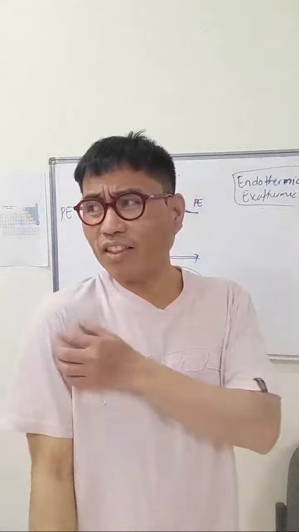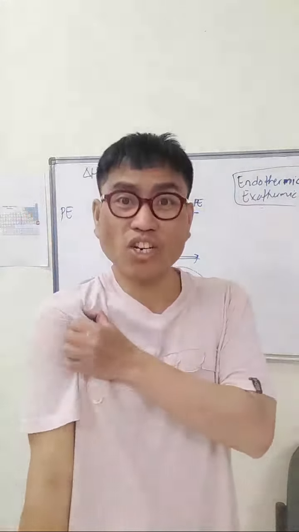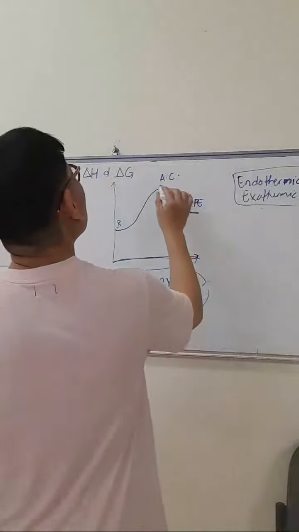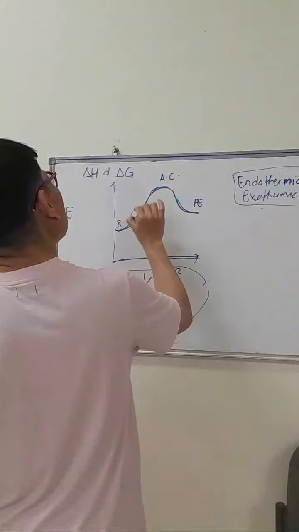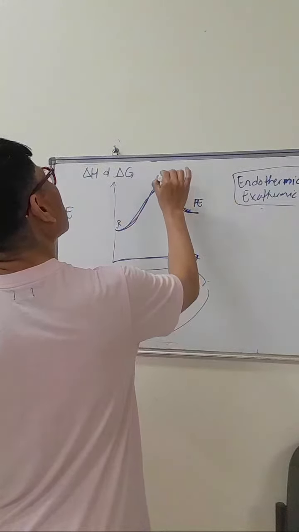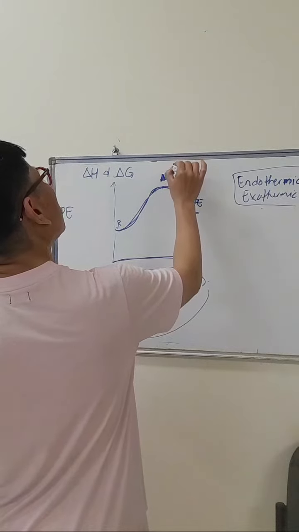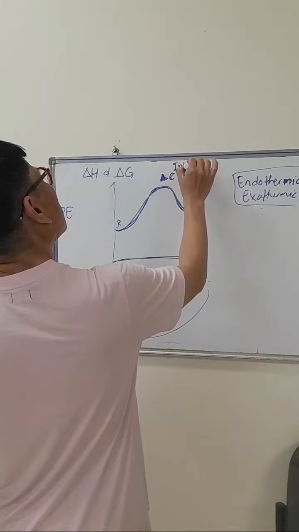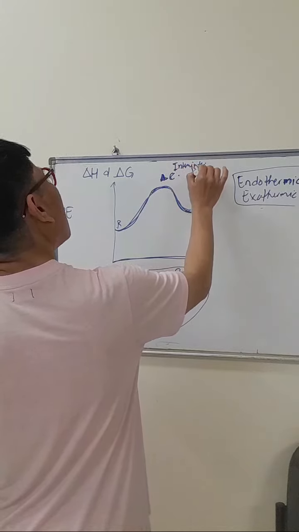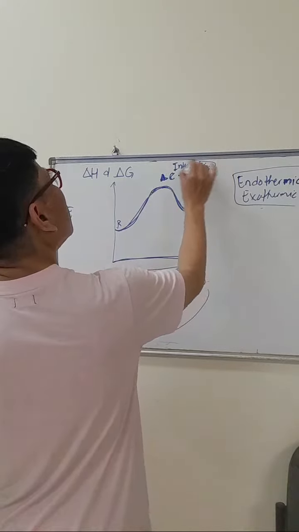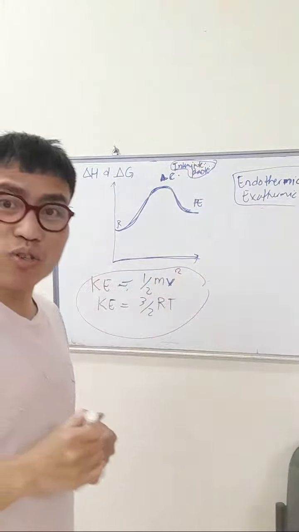Okay? And then that is also called as saturation. Basta nasa taas. Okay? You get the point? Activated complex. Or intermediate na siya. Intermediate reaction occurs at the activated complex.